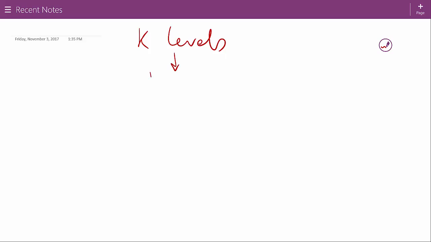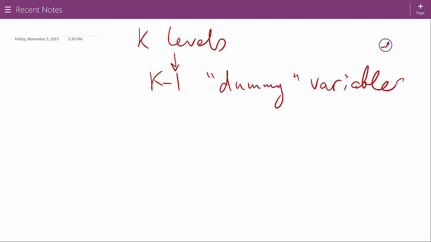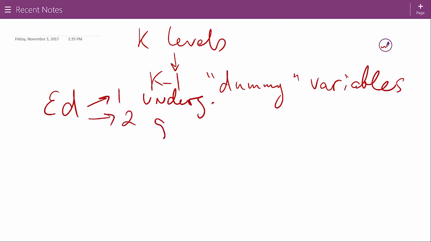I require k minus 1 dummy variables. So, in my case, for example, education has 3 levels, right? Education can be 1, which is undergrad, 2, which is grad, and 3, which is doctorate.